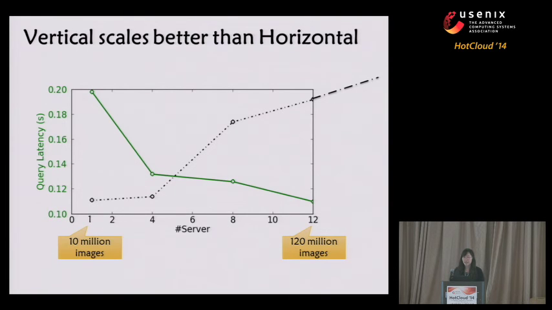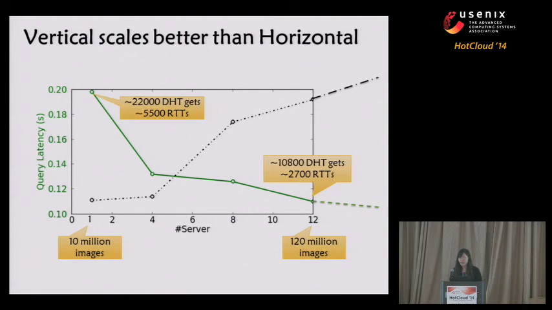To demonstrate the scalability, we run a test with varying data size and varying number of servers, with each server always processing a fixed size of data, and we compare the query latency of two schemes, the traditional horizontal partitioning, the black line, and our VertiCut partitioning, the green line.